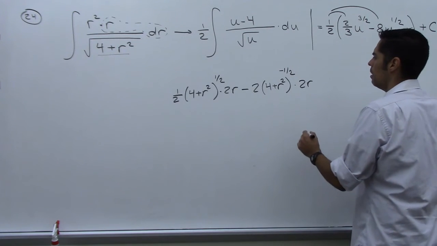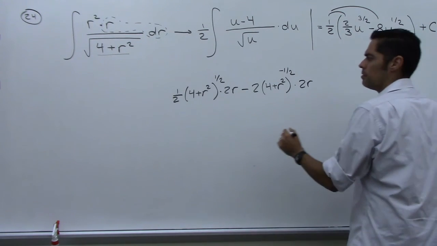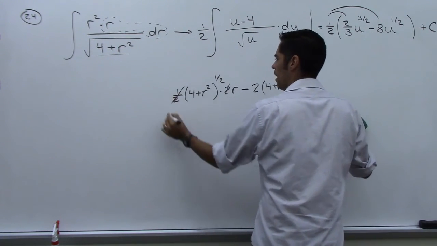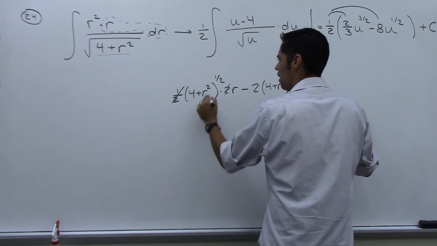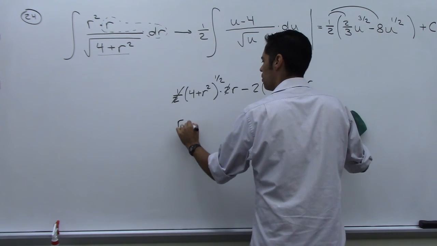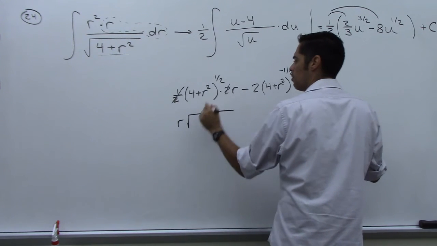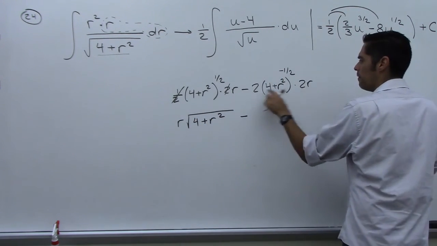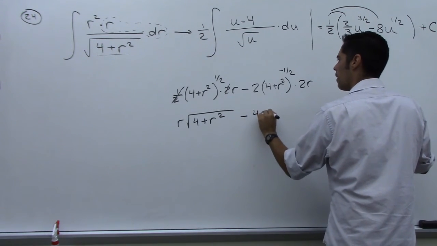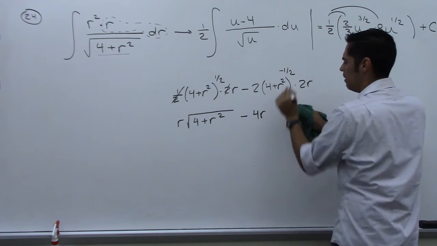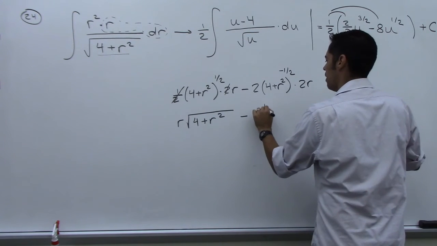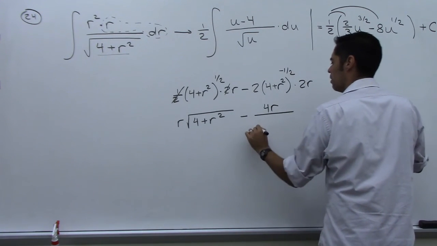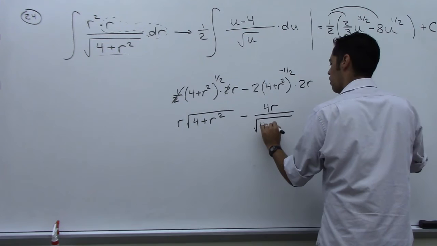So this 2 and this 1/2 cancel. So this right here is just r square root 4 plus r squared, minus here 4r, and then this is a negative, so it's going to be on the bottom. 4r over square root 4 plus r squared.